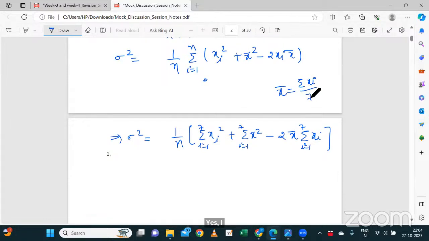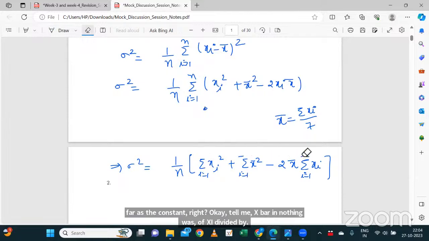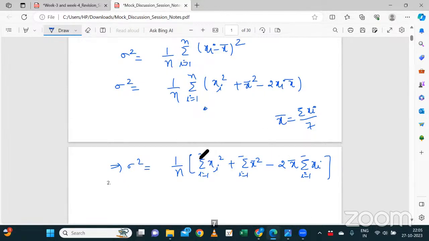Rather than taking 7, let me do it in general so that you can generalize it. It's n.